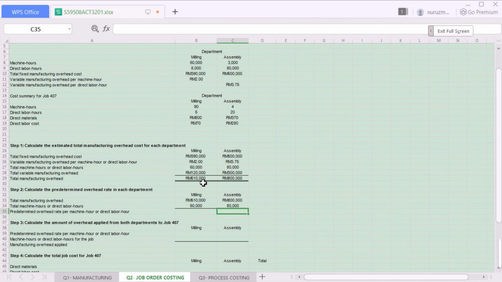So predetermined overhead rate for milling is total manufacturing overhead 510,000 divided by total machine hours for milling 60,000 equals 8.5 ringgit. And for the assembly, 800,000 divided by total direct labor hours, which is 80,000, equals RM10.